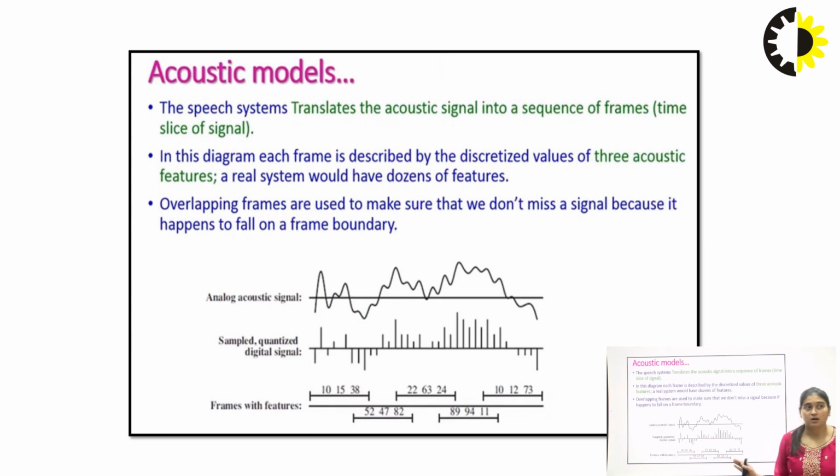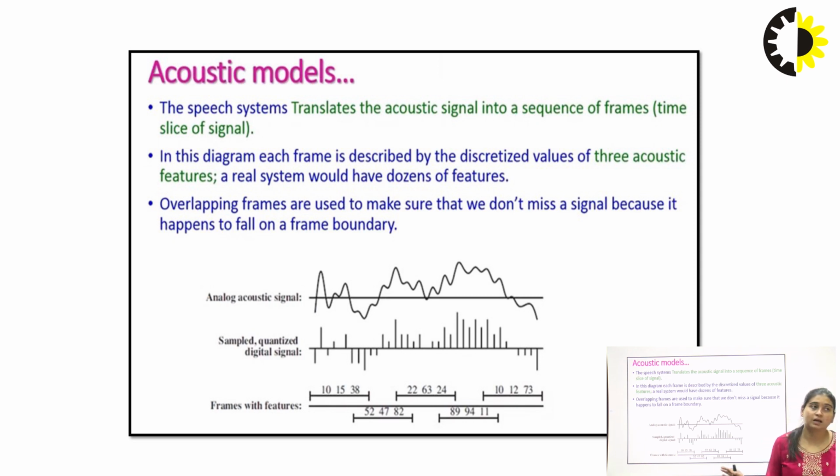And this is what the acoustic model says: speech systems translate the acoustic signals into a sequence of frames, like time slices of the signal, as you can see in the figure.